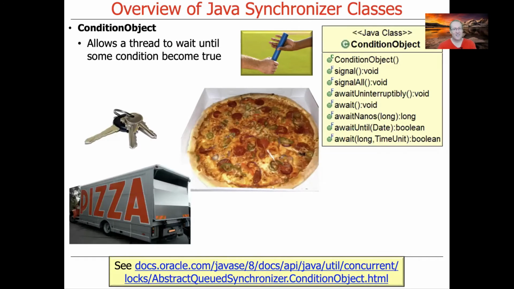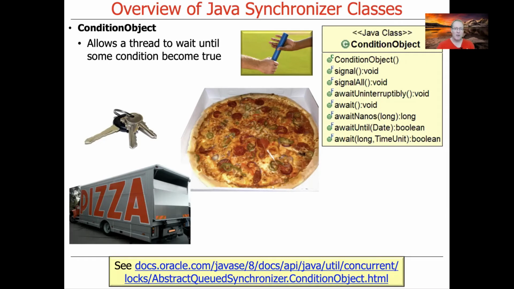Another coordination mechanism is called a condition object, and that allows a thread to wait until some condition comes true. And it's typically used if you want to wait for multiple things to happen before you can go ahead and proceed. An example, which we'll also talk about in more detail later, is delivering pizzas, where you've got a group of people who are delivering pizzas. And in order to deliver a pizza, you have to have the keys to the delivery truck and a pizza.